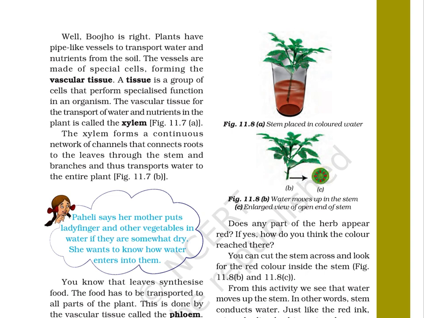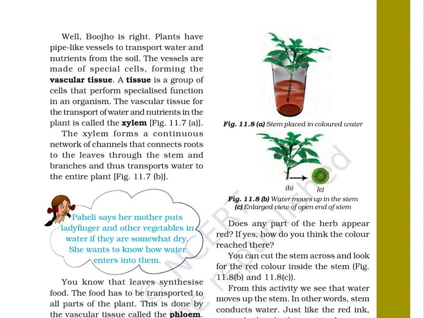The vascular tissue for the transport of water and nutrients in the plant is called the xylem. You can observe this in figure 11.7a. The xylem forms a continuous network of channels that connects roots to the leaves through the stem and branches and thus transports water to the entire plant.